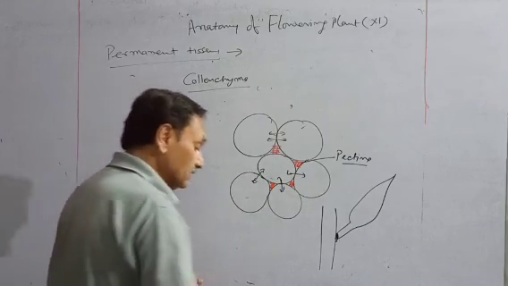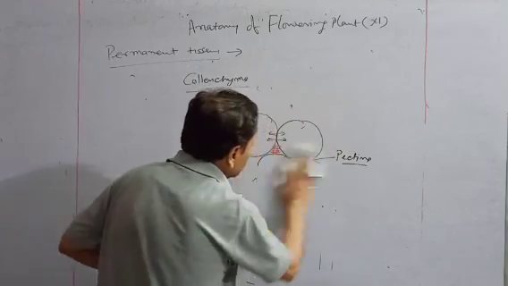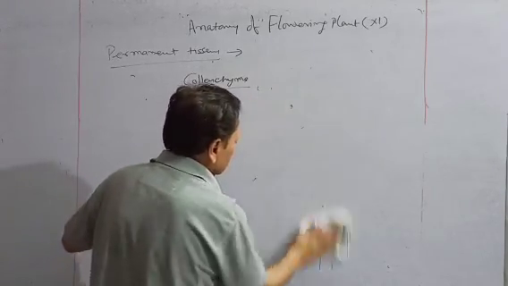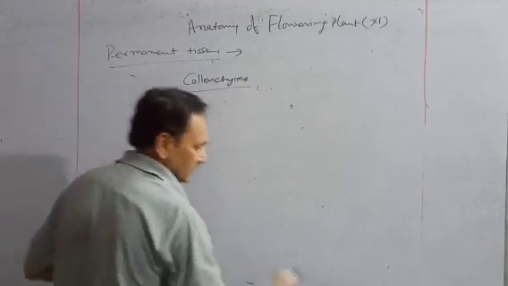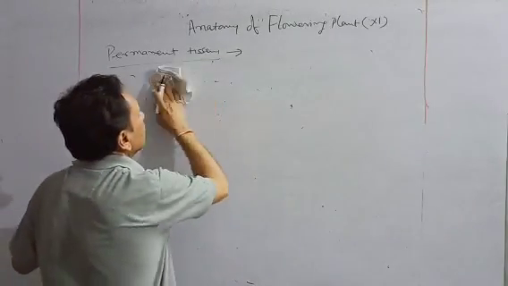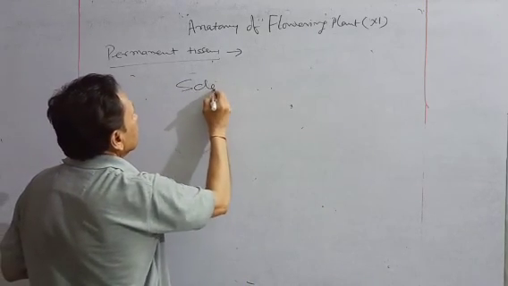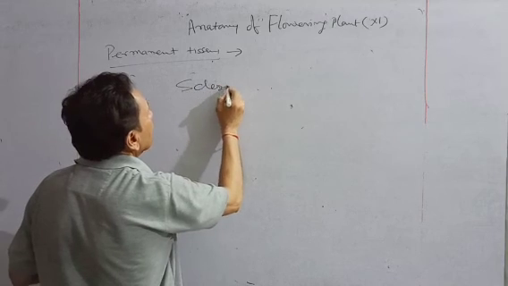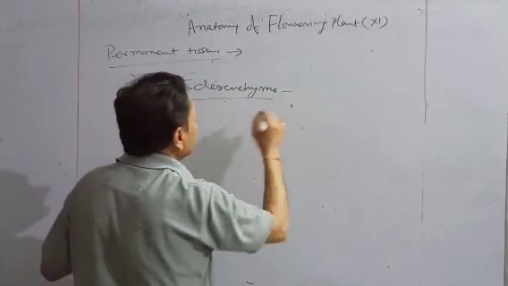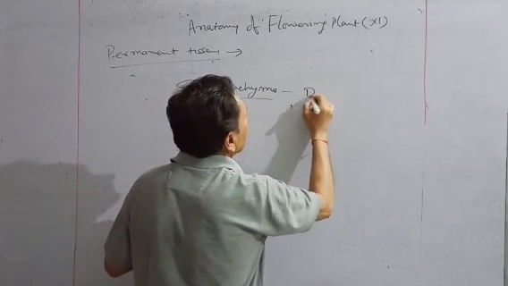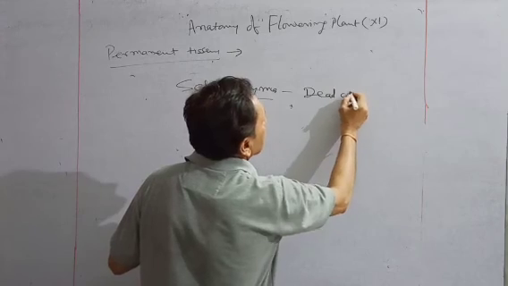But in the case of the third, sclerenchyma, it is made up of dead cells.